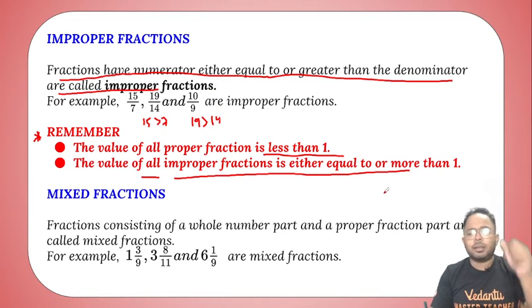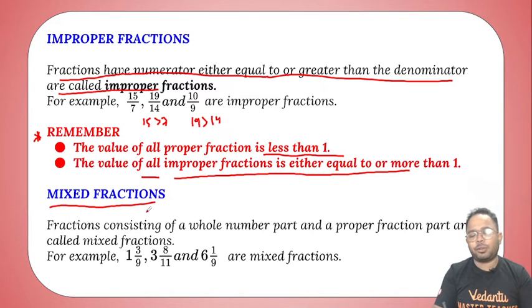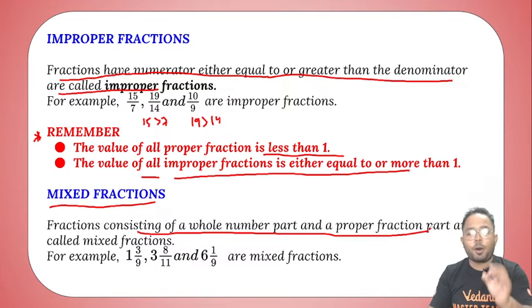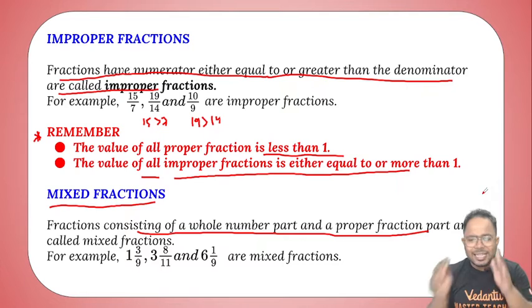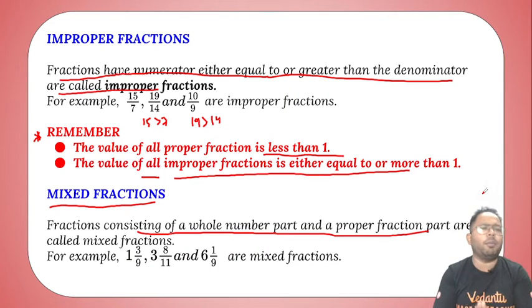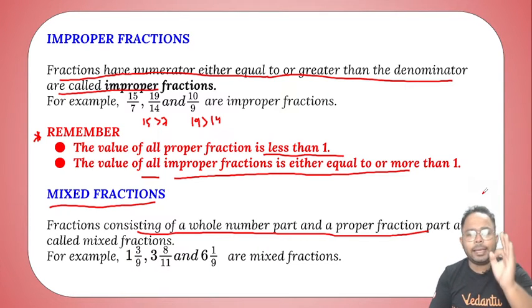And one another type of fraction we have, that is mixed fraction. Now what is this mixed fraction? This fraction basically consists of a whole part and a proper fraction. Whole and a proper. And these mixed fractions are formed only from improper fractions.